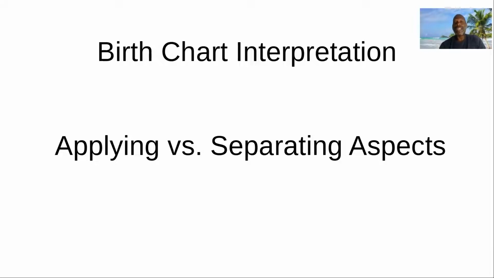So what I'm finding is that the most important thing that you can be trying to understand is applying aspects versus separating aspects. And one of the things that I notice consistently when I'm on something like reddit.com is people are really, really interested in what kind of configuration they have.